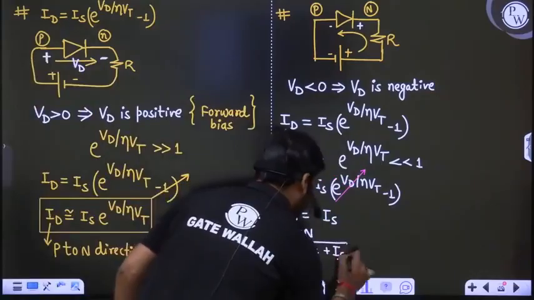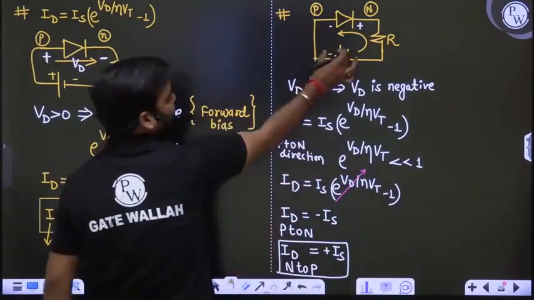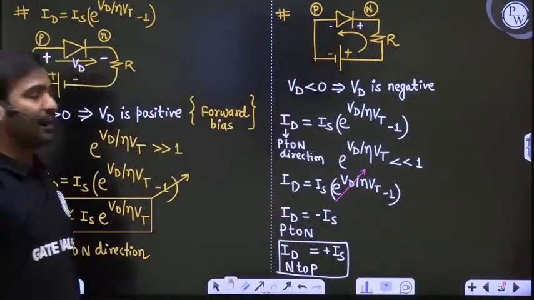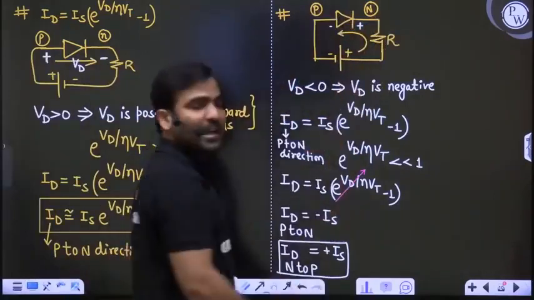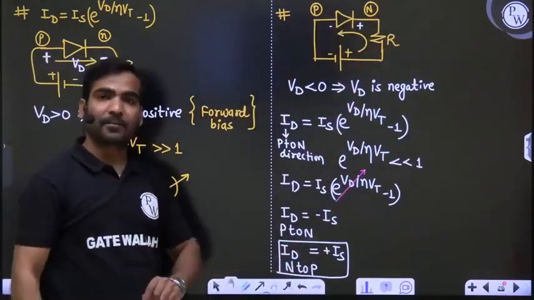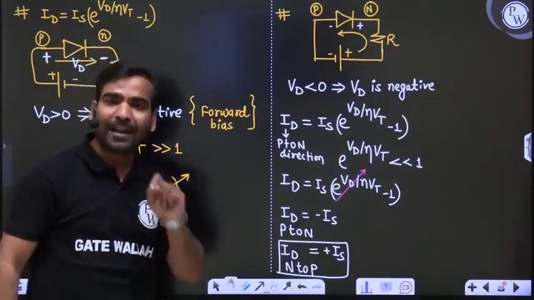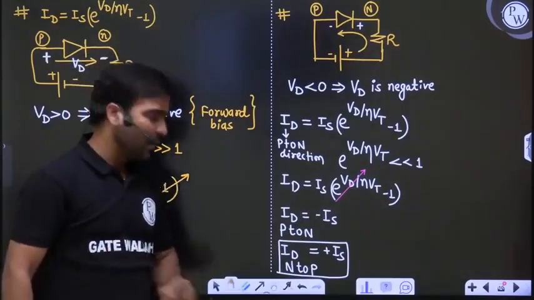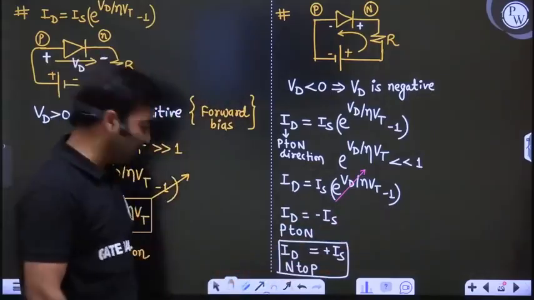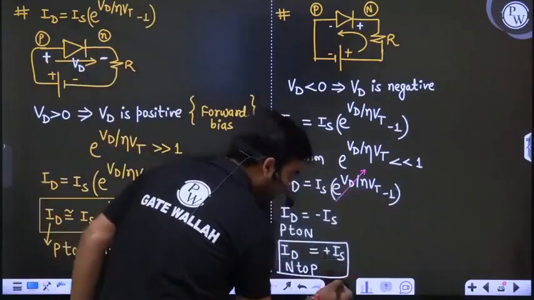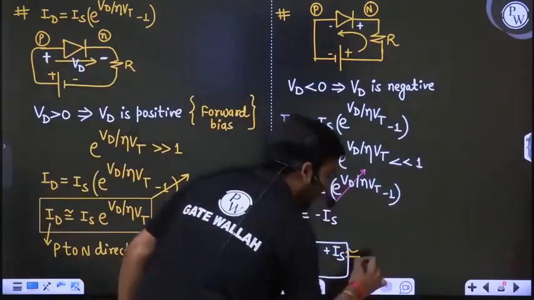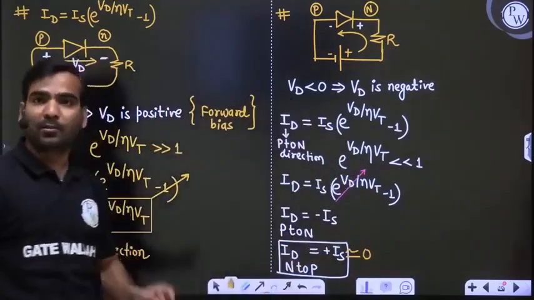So when the diode is connected like that, the current flowing in N to P direction is Is, and this Is is very negligible. It is in the microampere or nanoampere range, approximately equal to 0, not exactly 0.